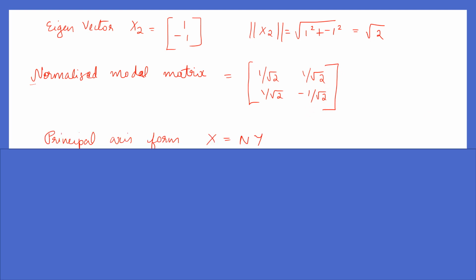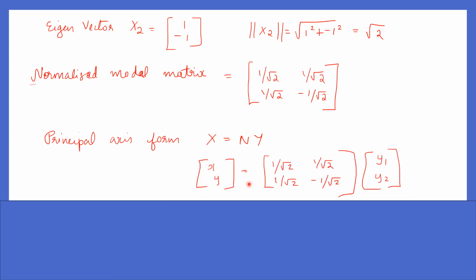Now we have to consider the principal axis form: x is equal to Ny. So x is the same as x1 x2, and N is the normalized modal matrix, y is y1 y2. So we can write it as x y is equal to 1 by square root of 2, 1 by square root of 2, 1 by square root of 2, minus 1 by square root of 2, into y1 y2. We have to perform matrix multiplication on the right hand side.